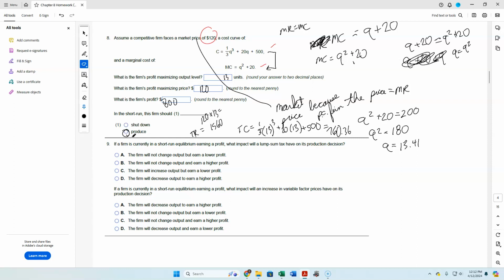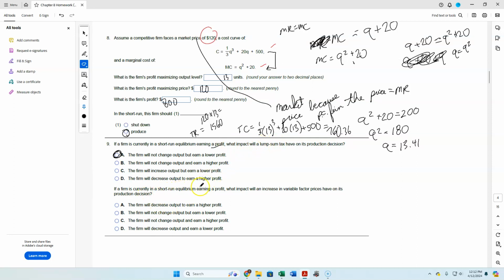Definitionally, because this is a perfectly competitive firm and because it's earning a profit, it's not going to change its output, but it will earn a lower profit, just because some of that profit is now going to be given to the state, to the government as tax revenue.